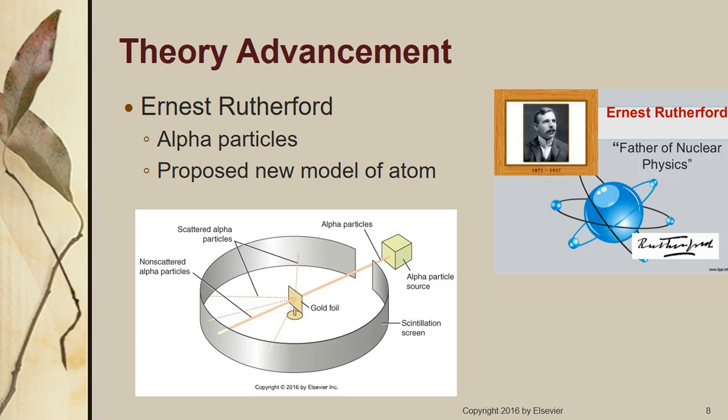So he contradicted his teacher's model and proposed a little bit different variation of it, and he assembled it to resemble our solar system. So he took a positively charged, dense nucleus with little tiny electrons that orbited it, and from that it explained how some of the particles, the alpha particles, could pass right through the gold sheet.